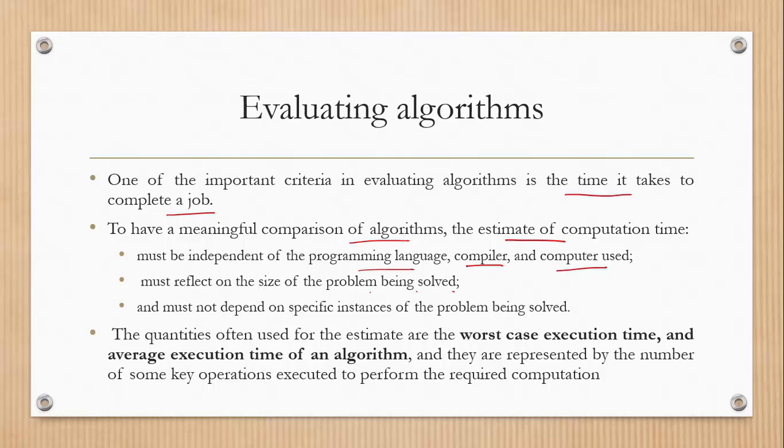The quantities which we often use for the estimation are the worst case execution time and the average execution time of the algorithm. Sometimes we also talk about the best case of the algorithm. And these are all represented by the number of key operations executed to perform the required computation.